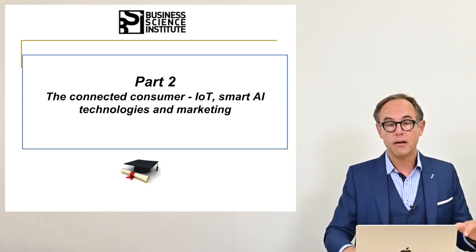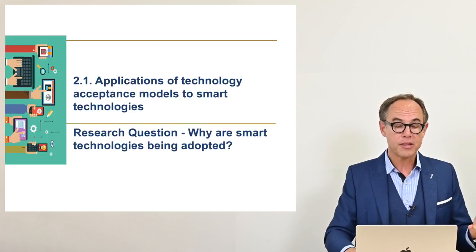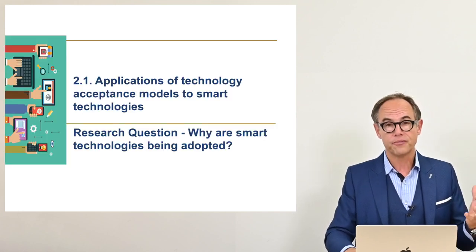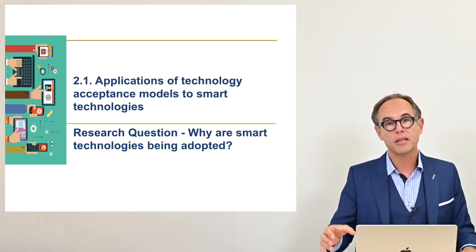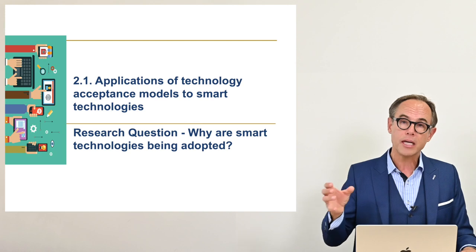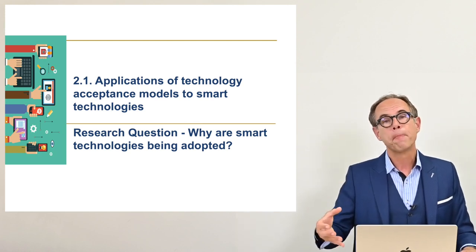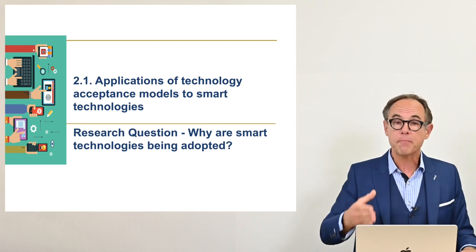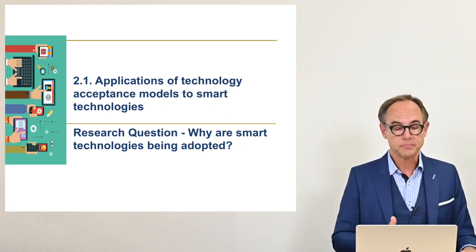And we start with the first chapter about the applications of technology acceptance models. I will show you technology acceptance theories and associated theories which enable you to model the acceptance factors of disruptive technologies, namely AI and IoT.